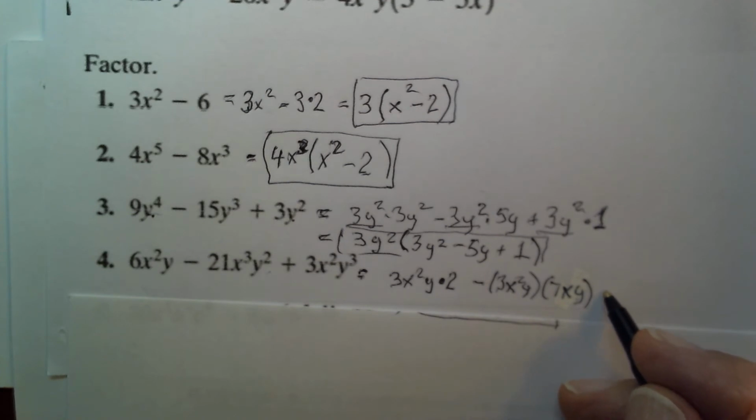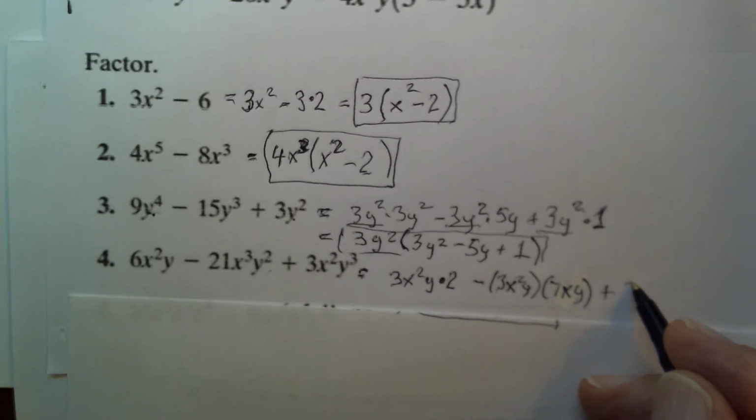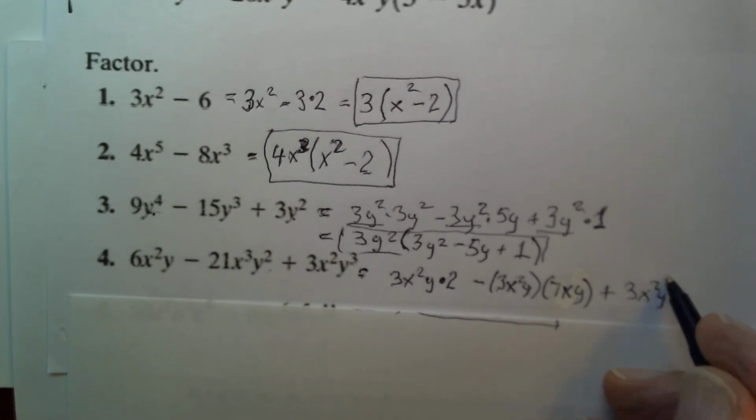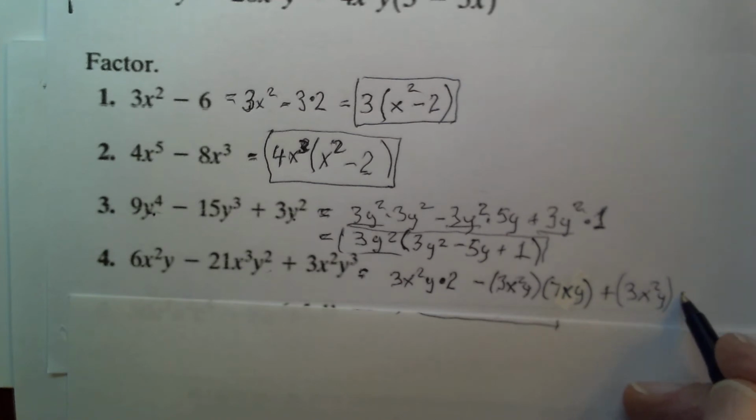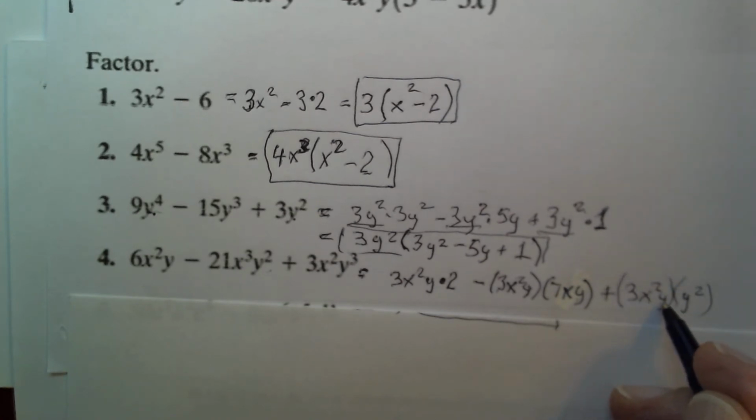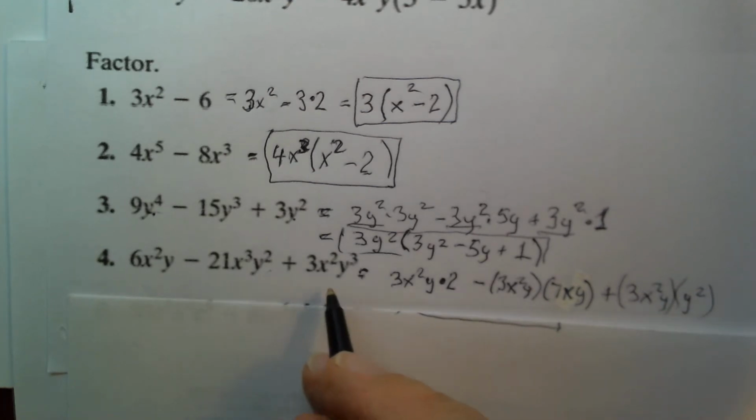And then for the last term, we have 3x squared y times y squared, because 3x squared y times y squared is 3x squared y to the third.